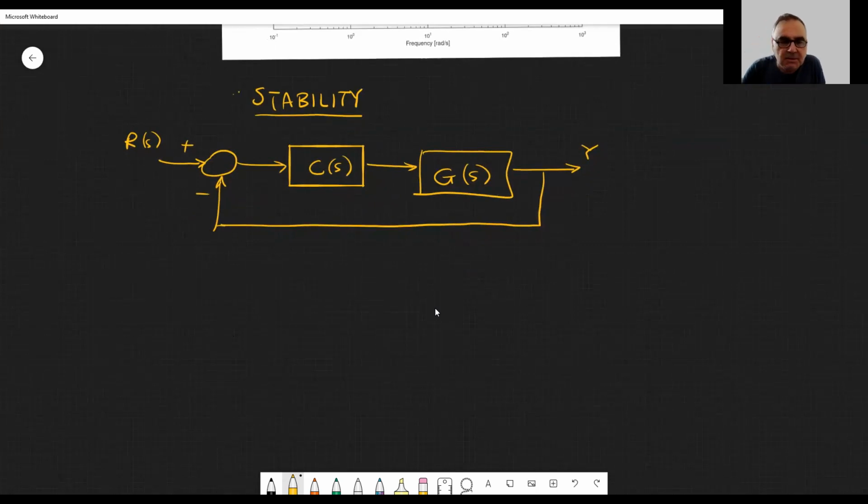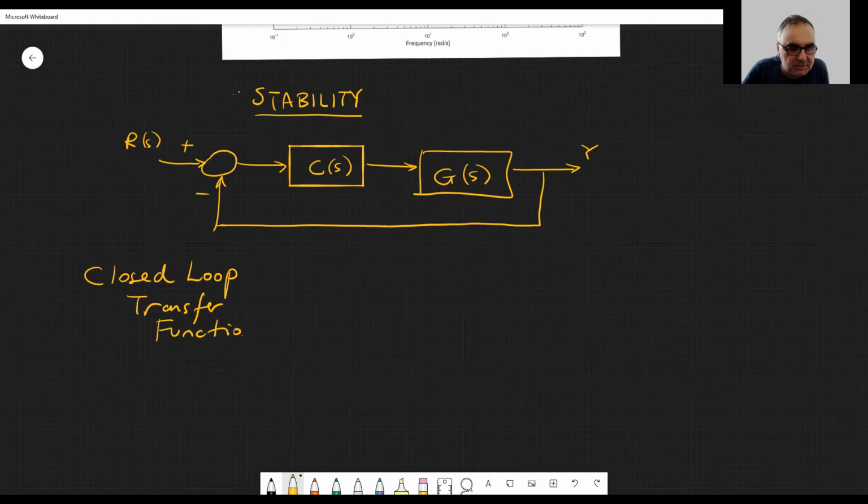Looking at the open loop transfer function. What is the open loop transfer function? By the way, let's first remember the closed loop transfer function of this system. It was T of S, which was Y of S over R of S, okay?